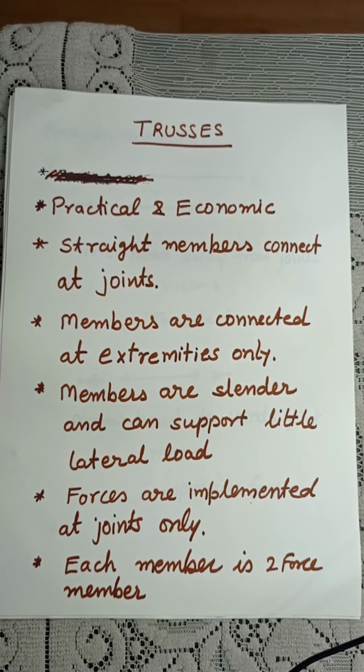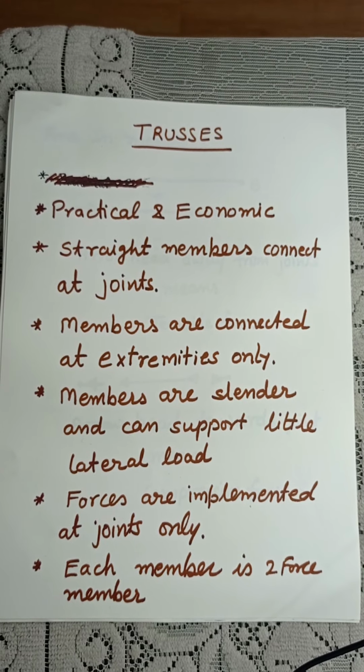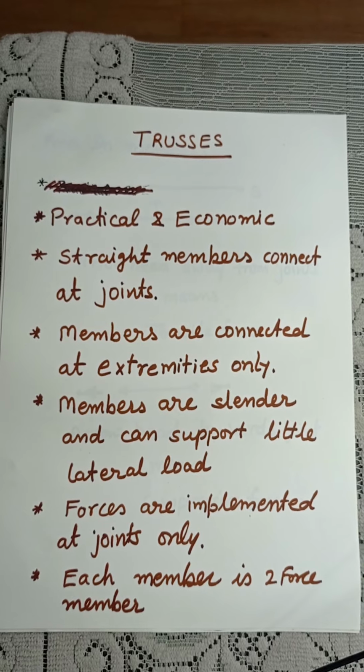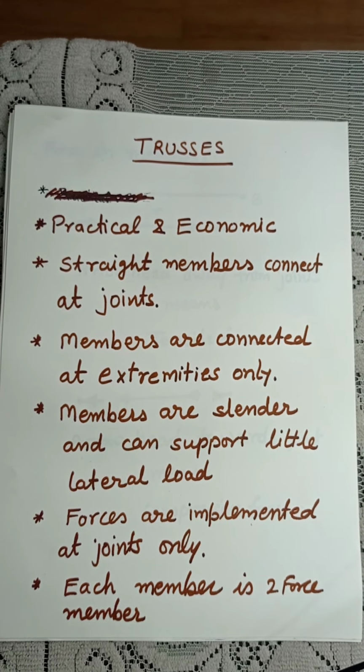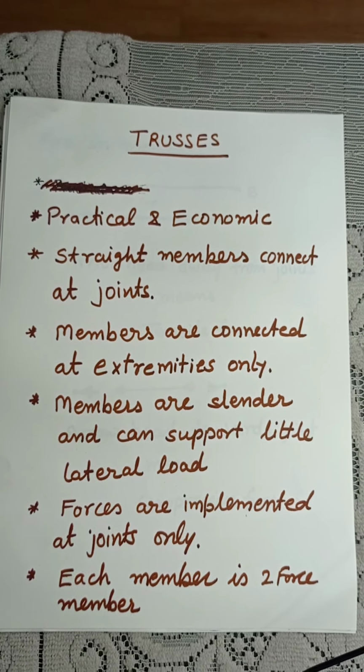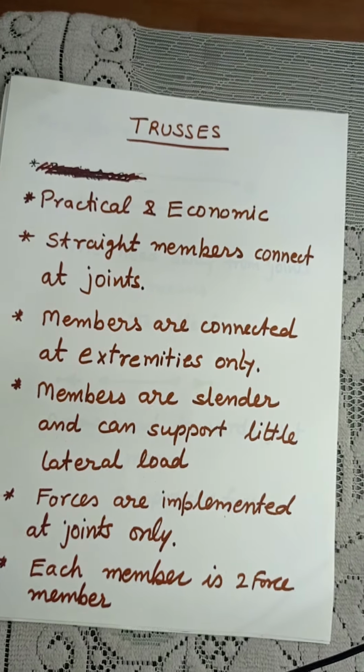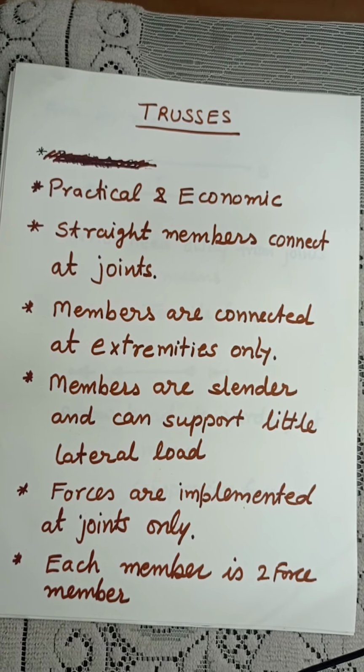Members are slender and can support little lateral load. That means you'll find some members are horizontal, but most of the members are inclined and slender. They cannot carry vertical loads, so loads are applied only at joints.